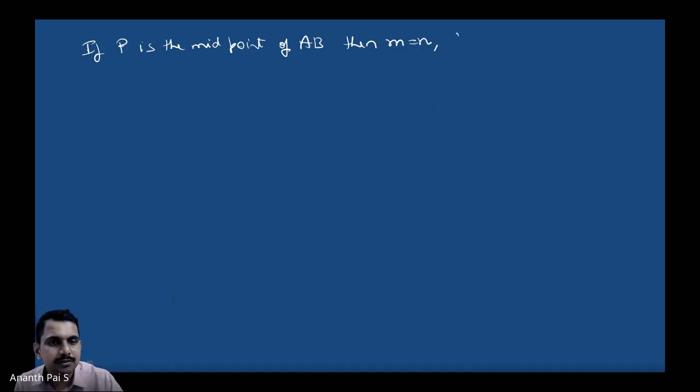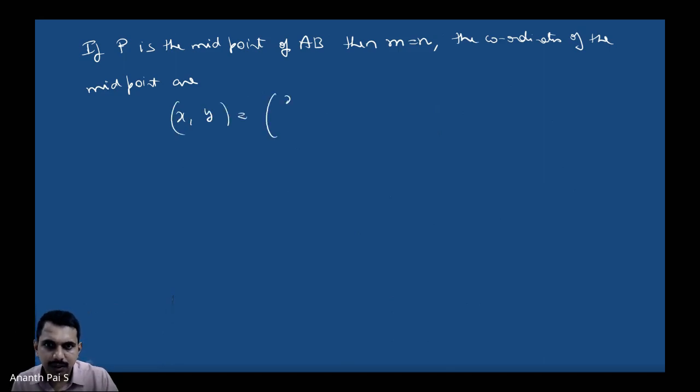The coordinates of the midpoint are x comma y is equal to x1 plus x2 divided by 2 and y1 plus y2 divided by 2. Simple and straight, very easy.